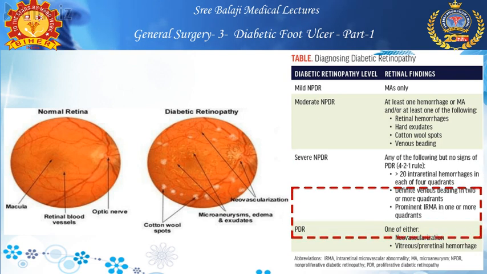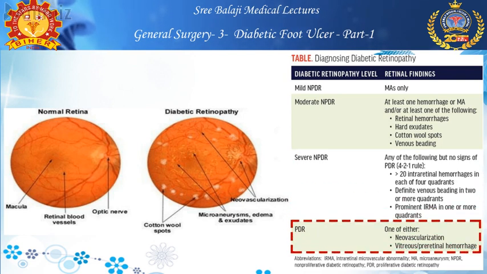Then the last stage is called proliferative diabetic retinopathy, where there is neovascularization and vitreous and preretinal hemorrhages.